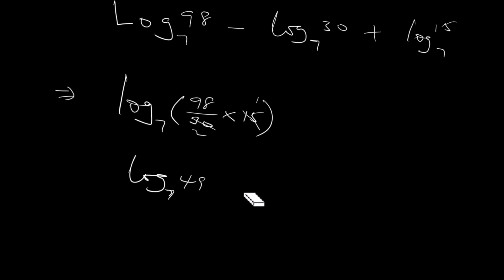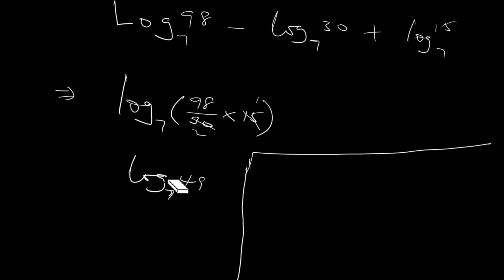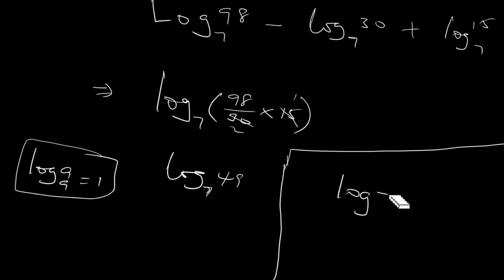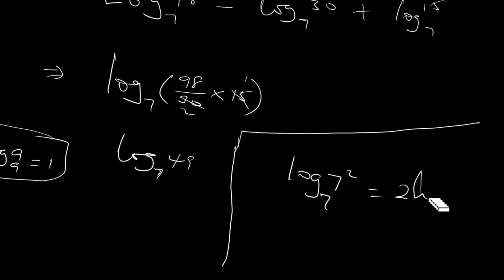With this, we can use two ways. We can use the definition of logarithm to solve this, or we can use the property that log a to base a is 1. So we can express 49 to base 7 as log 7 squared to base 7, which is 2 log 7 to base 7, and this one turns to 1.